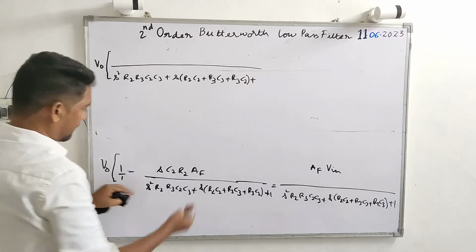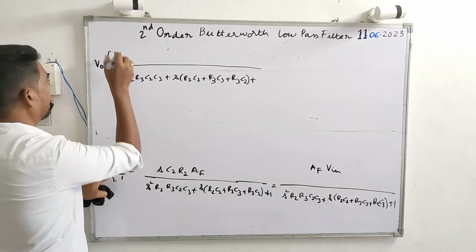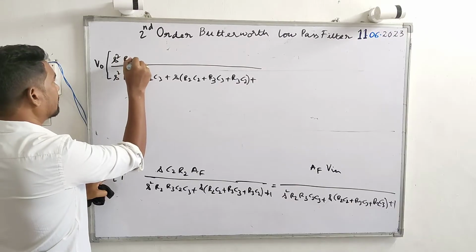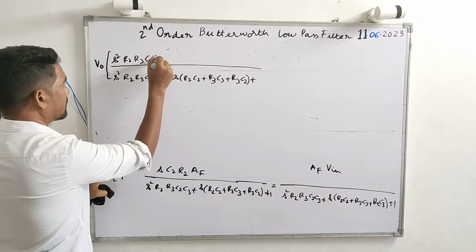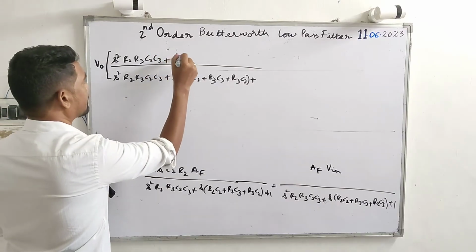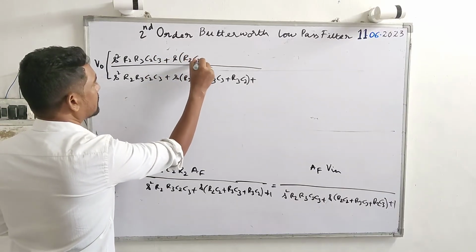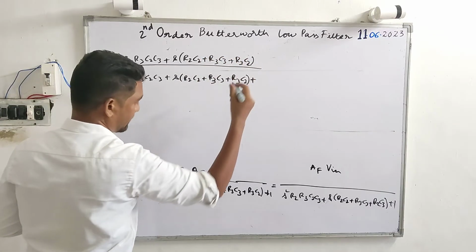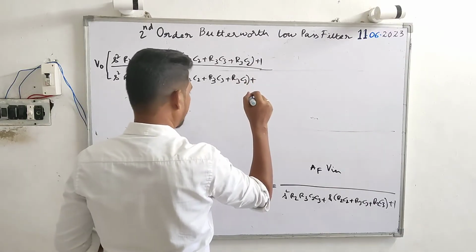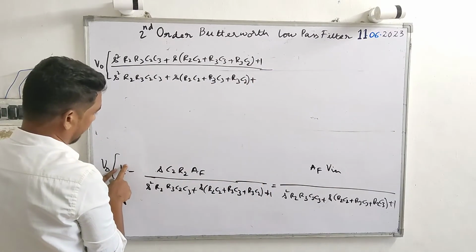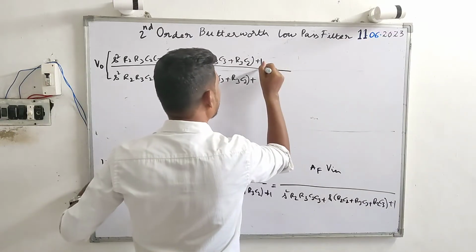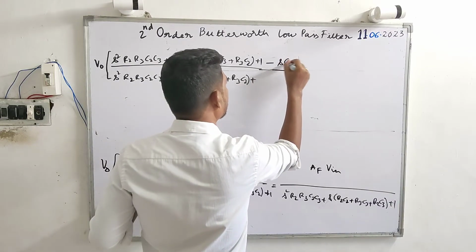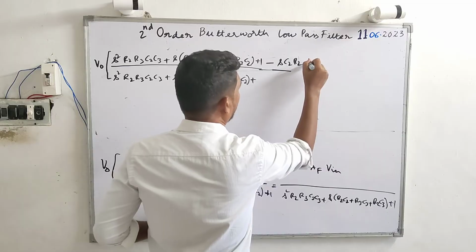For this term this repeats, isn't it? In the sense S square R2 R3 C2 C3 plus S inside the braces will have R2 C2 plus R3 C3 plus R3 C2 close the braces plus 1. Alright, for this one, and the second half, it's minus, this will be as it is, isn't it? S C2 R2 AF.